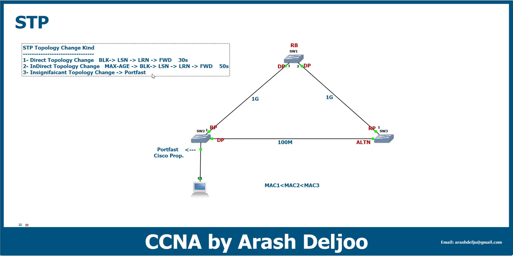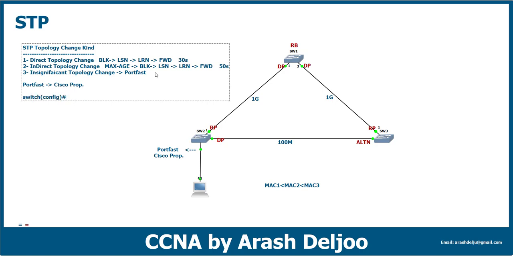Let me show you how we can configure PortFast. I implemented PortFast in the previous video for you, but let me say that PortFast is a Cisco proprietary feature. Because of that you don't have this option in standard STP and also in other brands. How can we configure one interface as PortFast?